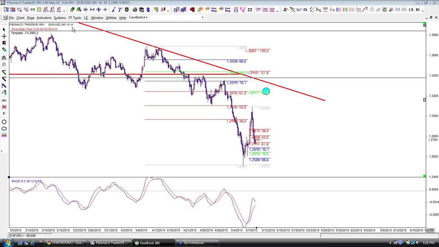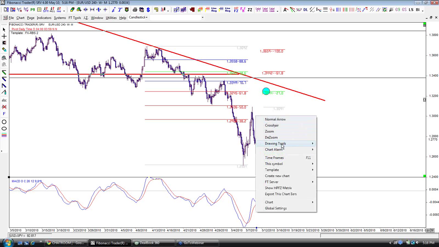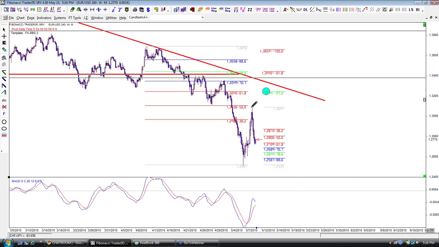Now, even on the 4-hour chart, even if we get a small bounce, and we can say that this current swing is like a small bounce. Well, a small bounce on a 4-hour chart is like 350 pips.